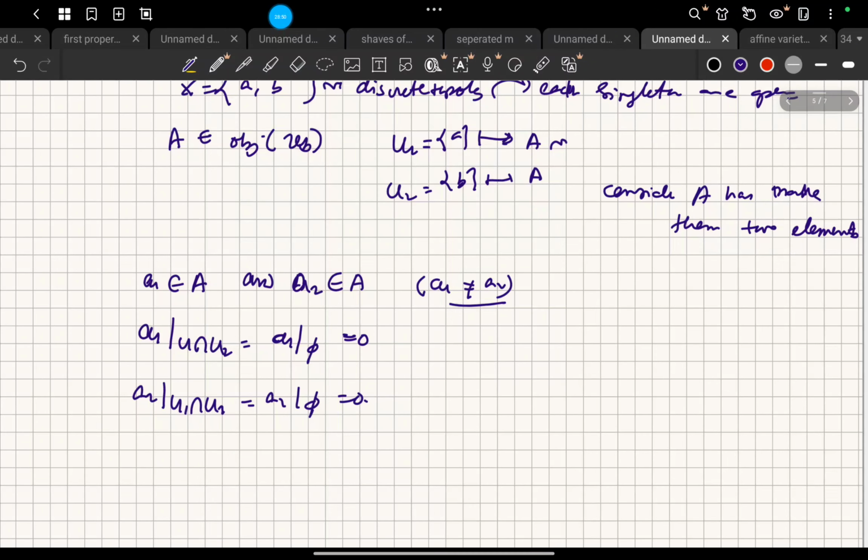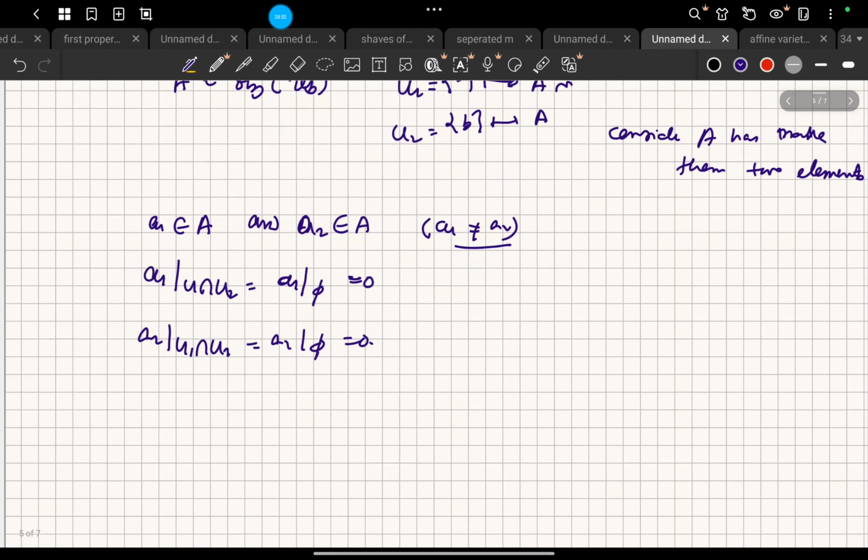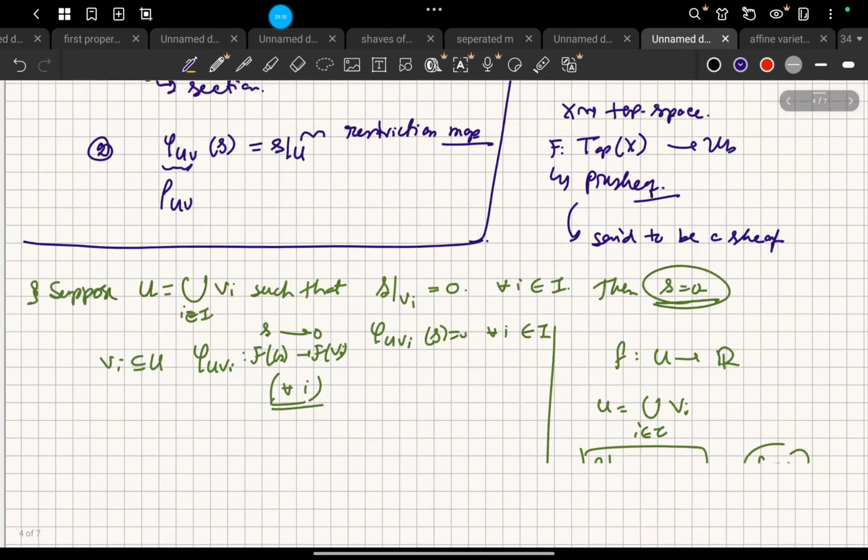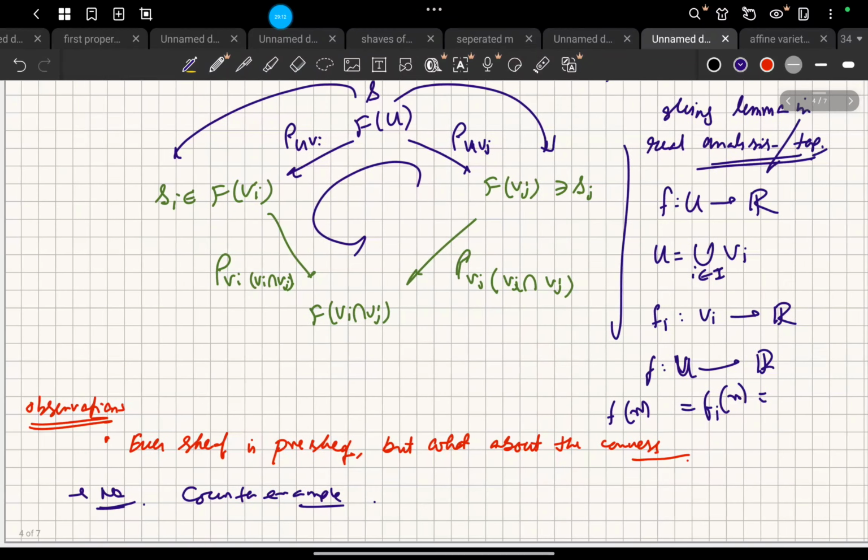Now let us suppose the constant presheaf is a sheaf.